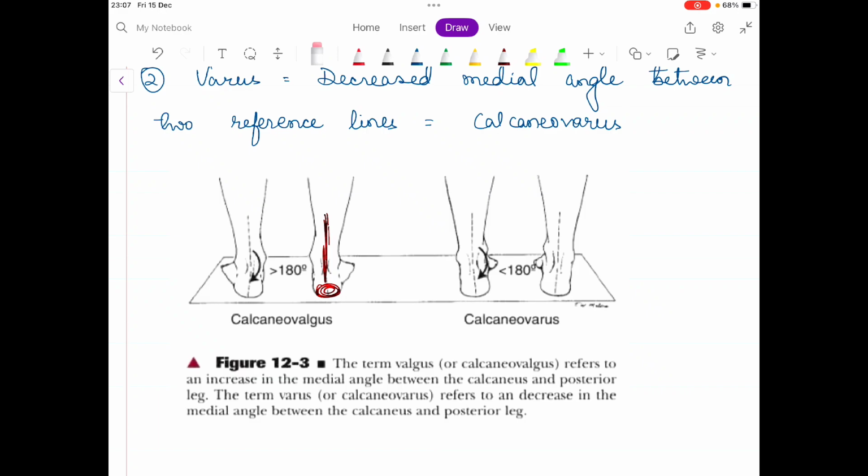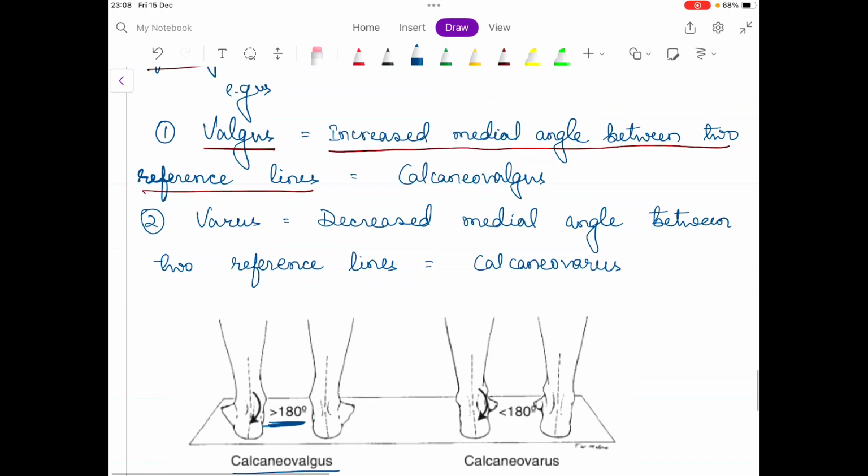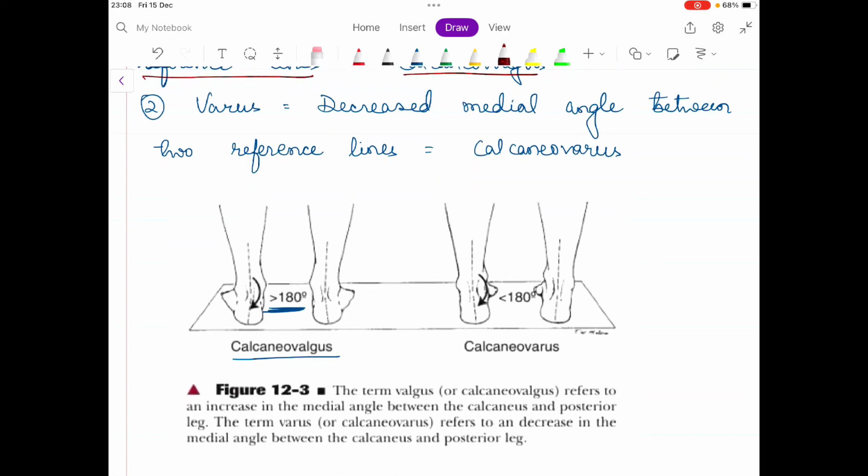As you can see here in this diagram, if the angle is less than 180 degrees, that will be known as calcaneovalgus. Okay, so that means the medial angle is decreased here. So valgus in the ankle complex is termed as calcaneovalgus, which refers to increased medial angle. Sorry, the angle here is not decreased, the angle here is increased, because this is the posterior line of the leg and this one is the position of the calcaneus bone.